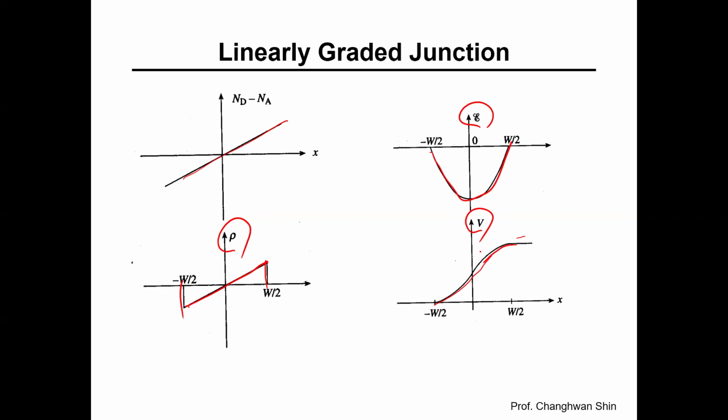In a linearly graded junction, the depletion region extends symmetrically on both sides of the junction, about W over 2 into each side. The electric field reaches its maximum at the metallurgical junction x equals 0 and decreases to 0 at the edges of the depletion region.